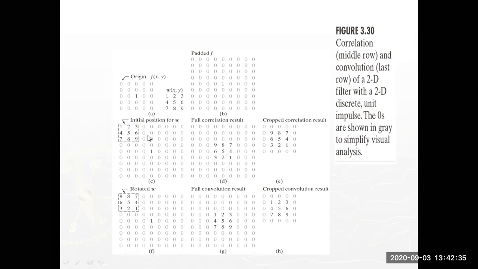So in the correlation process, what is this? We are placing the mask first here and performing the multiplication. After this, repeat here.